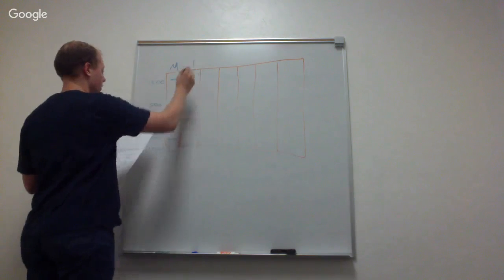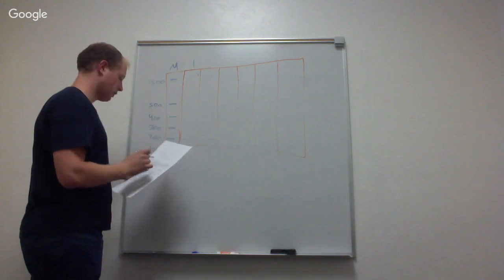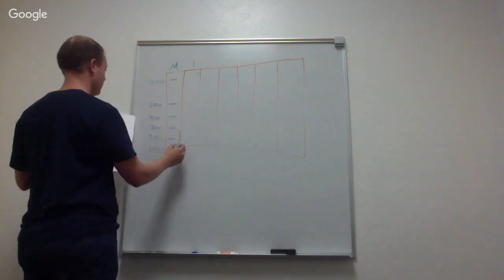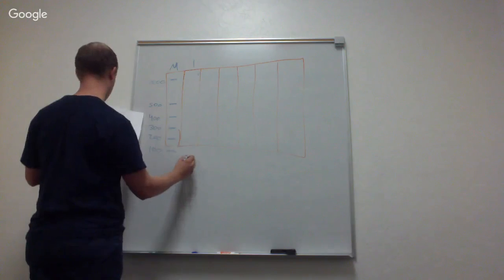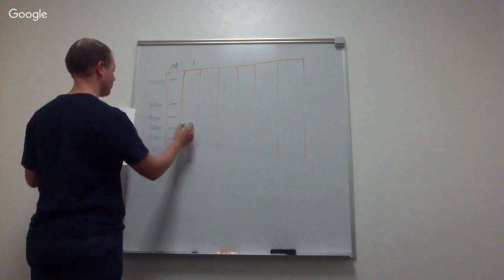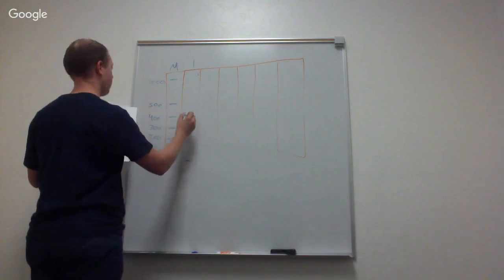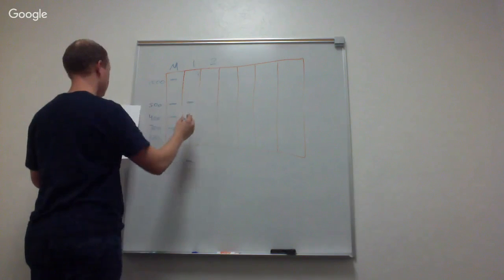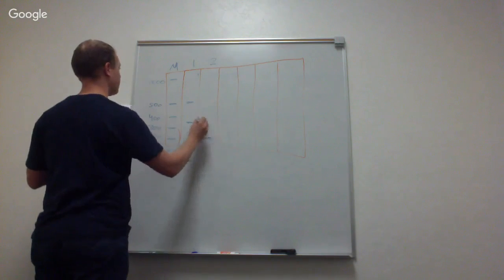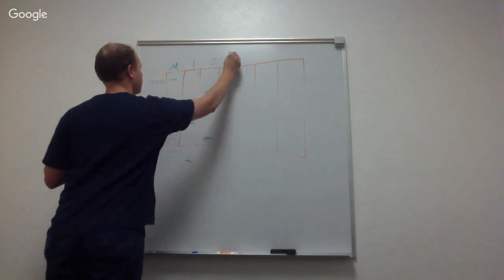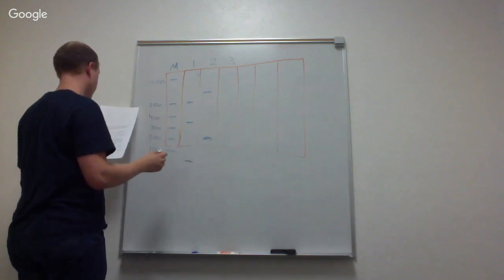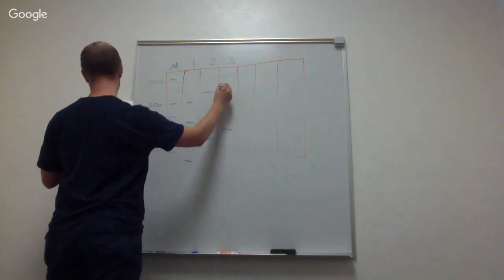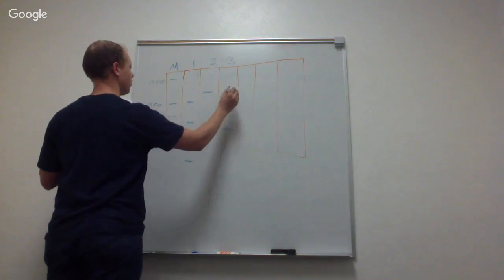Our first lane was just digested with BamHI. So if we just read the DNA fragments produced, it has one at 50 down here, one at 350, and one at 500. Lane 2 just has EcoRI, which is 200 and 700. Lane 3 just has HindIII, which has a band at 300 and a band at 600, just below that 700 mark.